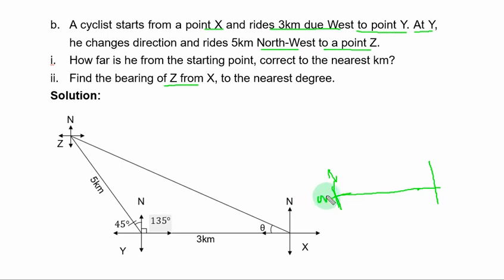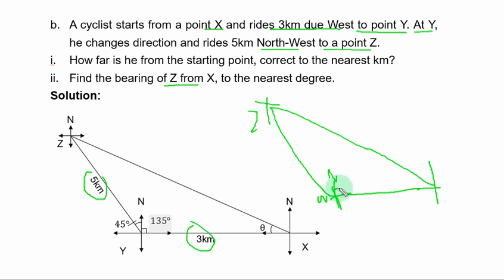So the cyclist took this direction to a point Z, so you can join these 2 points together. You see that? So this is 3 kilometers. Here is 5 kilometers. This angle here is 90 degrees.